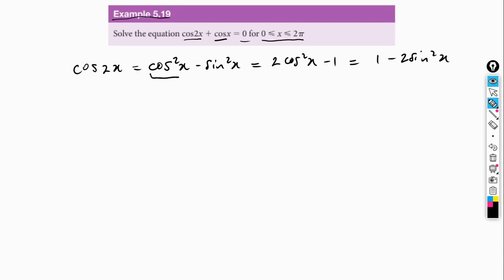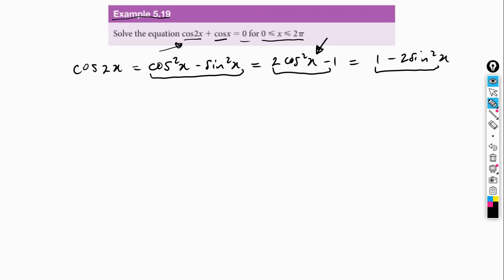So we can use either one of these three because they are equivalent. But this one here is the more convenient one. Why? Because we want to leave this equation only in terms of cosine of x.